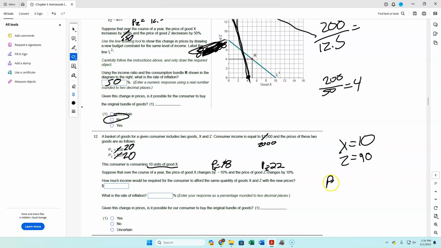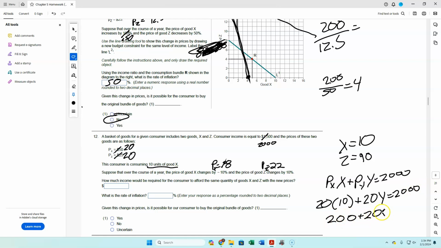Because PX·X plus PZ·Z equals 2,000, which in this case then was 20 times 10 plus 20 times Z equals 2,000. Okay, sorry, it should have been a Z. Make all my Y's Z's. Sorry about that.